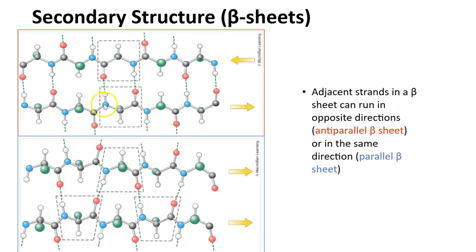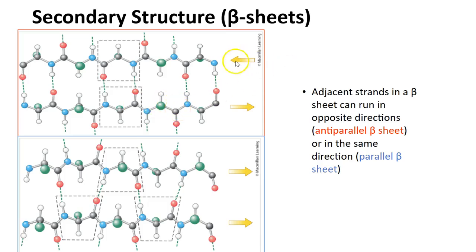That is the peptide bond. So we don't want to go in that direction. We want to go to the actual unit of the amino acids. And so that's the N terminus going to the C terminus.